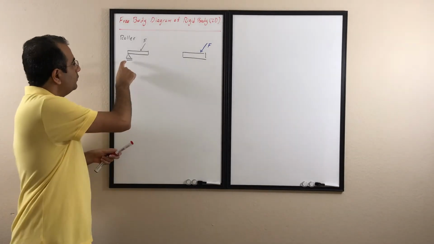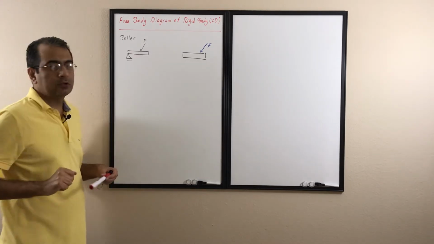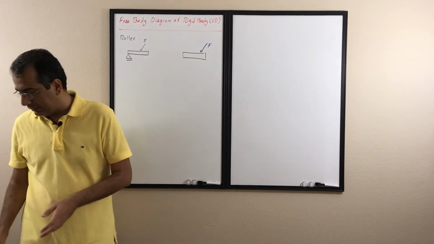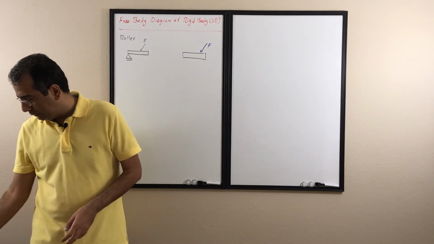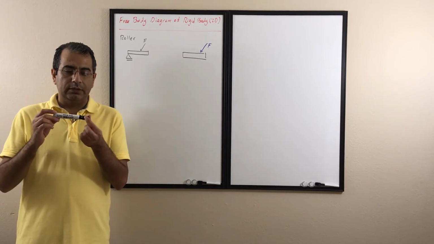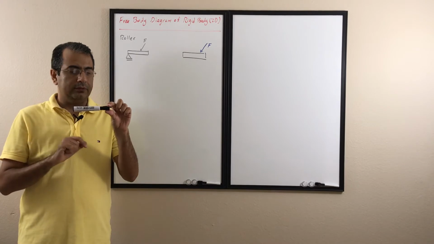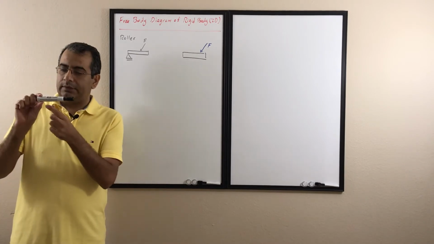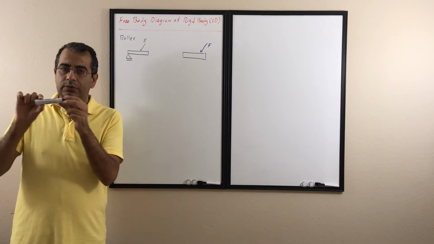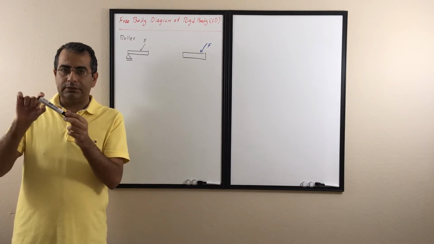Then I have to add forces to mimic the effect of that support. The roller support is the kind of support that, if, for example, you consider this marker, the roller support doesn't let it go up and down. So if I hold it here like that, it doesn't let it go up and down, but it doesn't hold it from going back and forth, and it doesn't hold it from rotation.